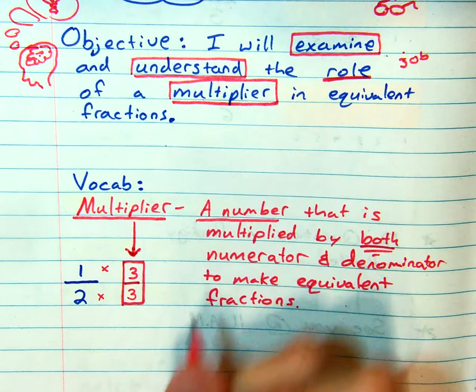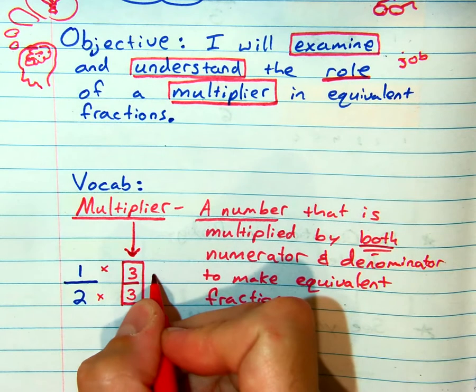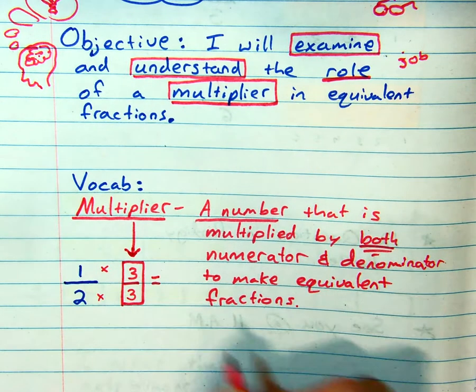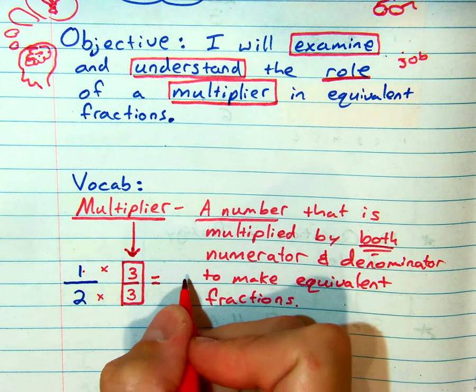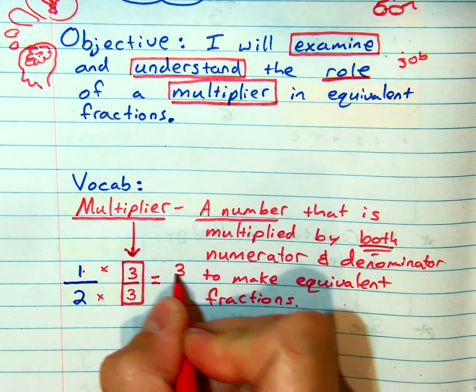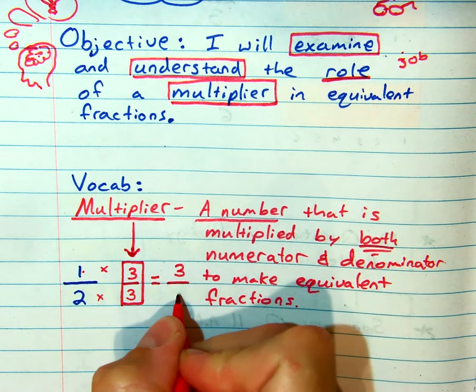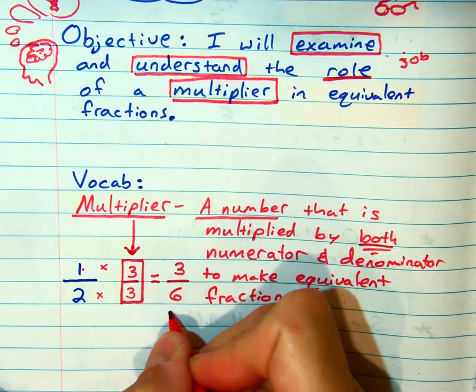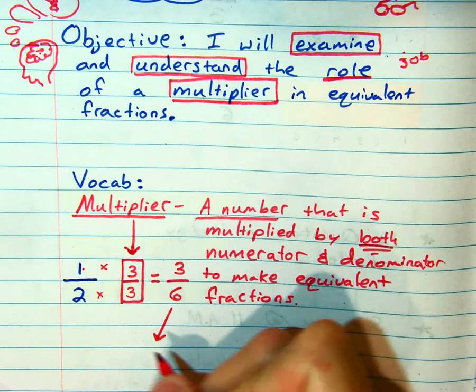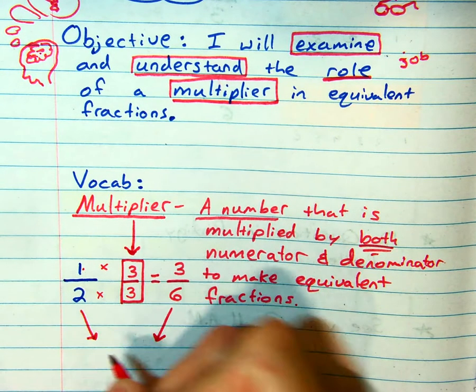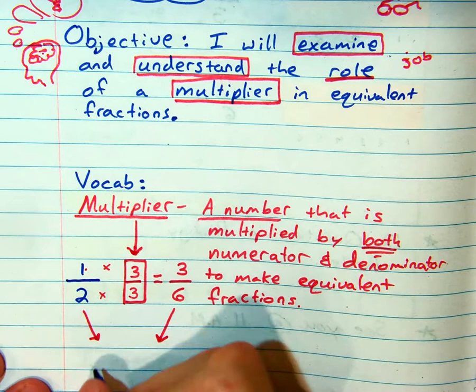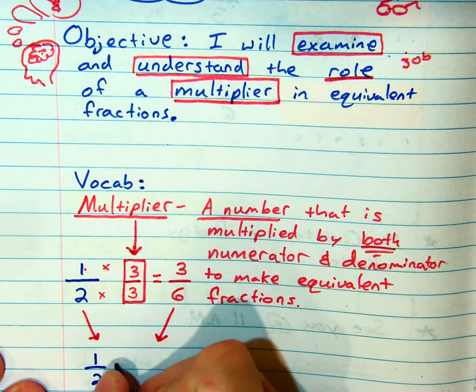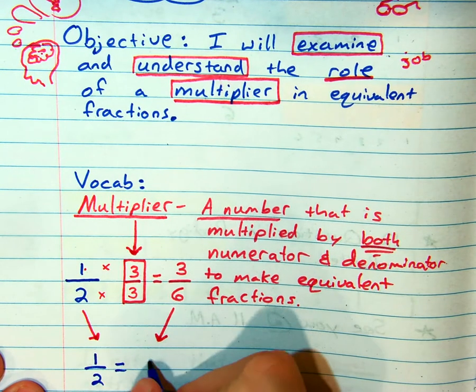Our multiplier is 3. We end up with 1 times 3 is 3, 2 times 3 is 6. So we can pull them down and say 1/2 is equal to 3/6.